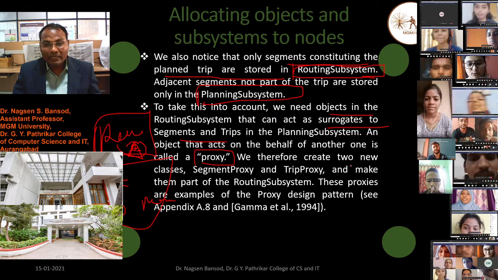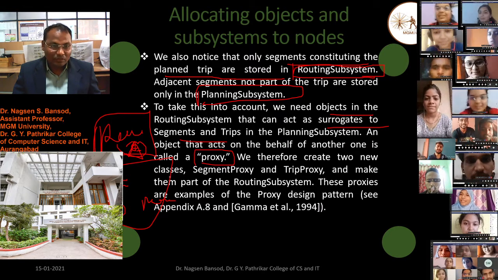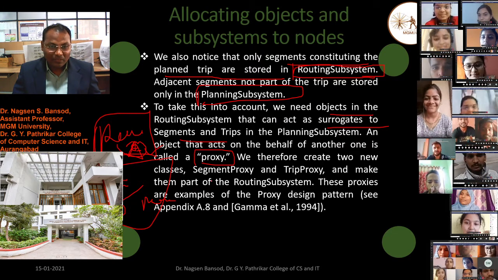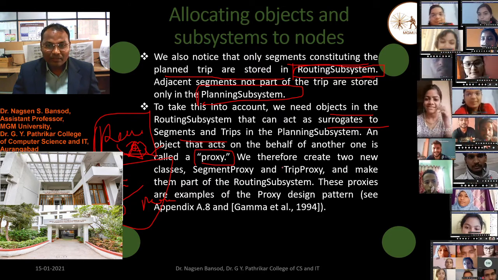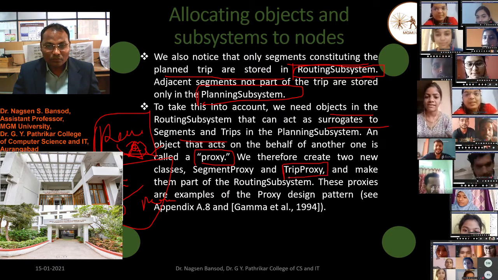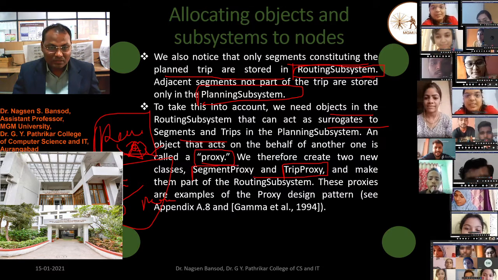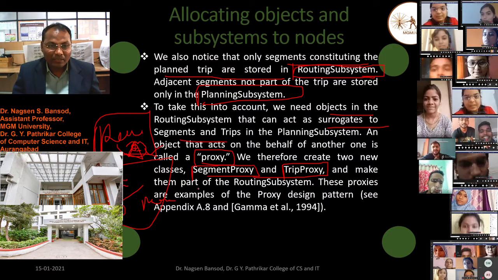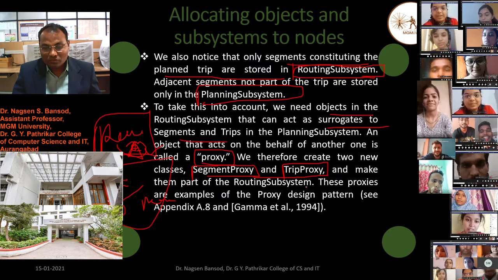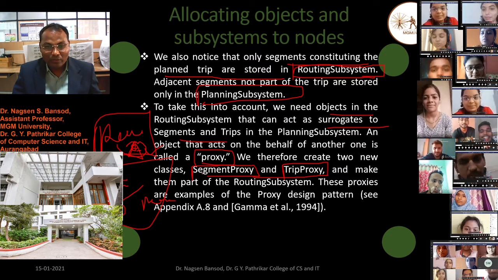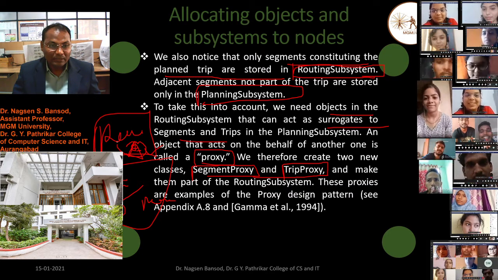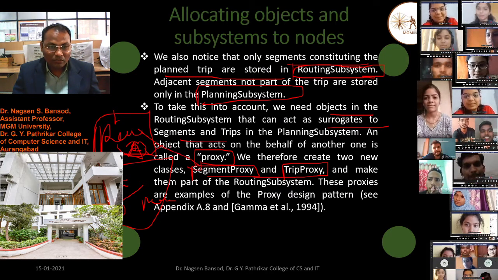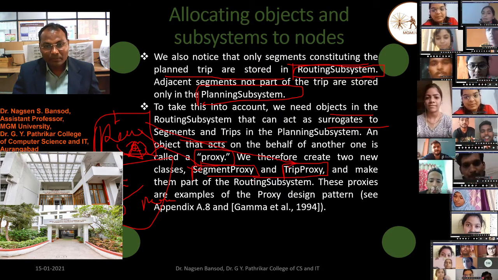We therefore create two new classes, segment proxy and trip proxy, and make them part of the routine subsystem. Once we have created these, we will have the segment as well as the trip in the routine subsystem.